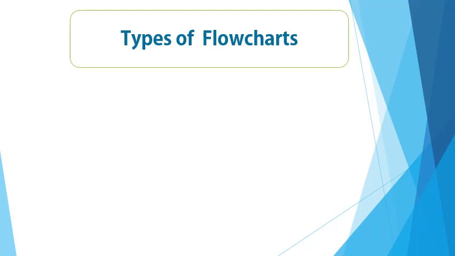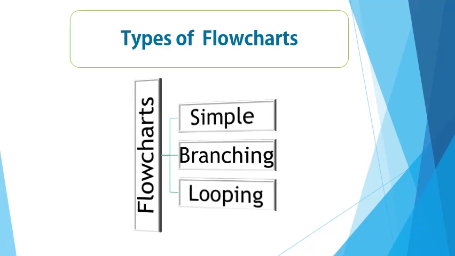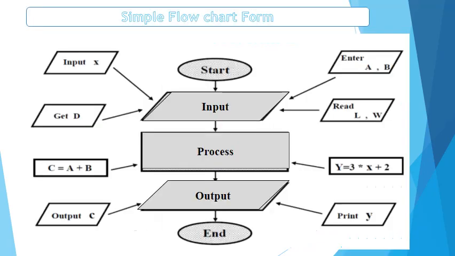Let's see the types of flowcharts. We have three types of flowcharts: simple, branching, and looping. The form of the simple flowchart is start, input, process, output, end.